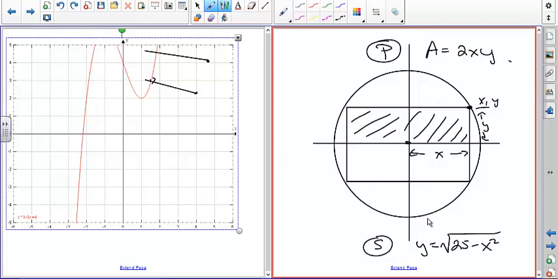So substitute in to make it in terms of x, and then take the derivative of that expression with respect to x. Okay. So at least do the substitutions.